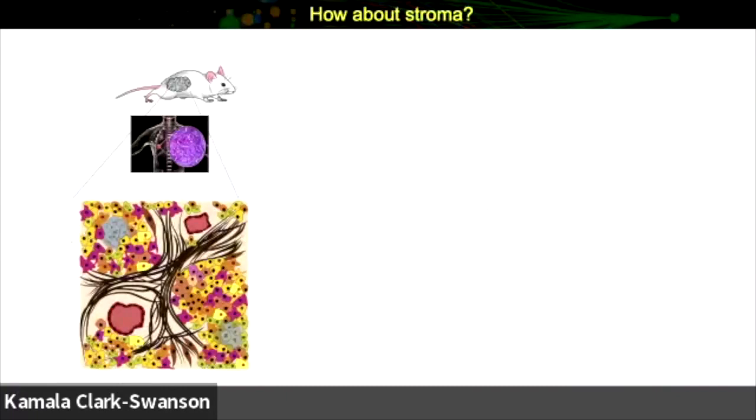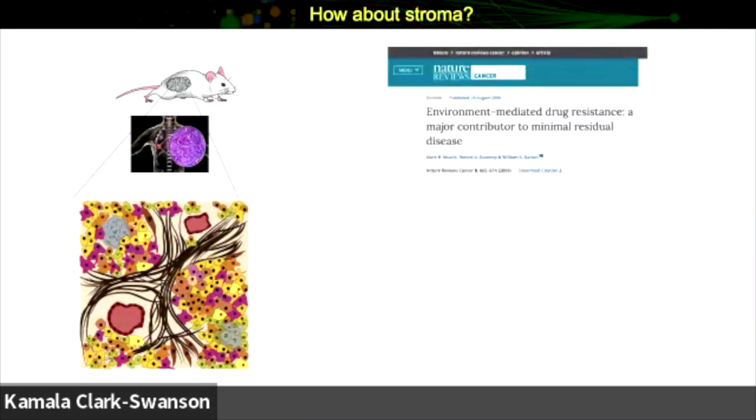But getting back to the issue of stroma, how that gets into play. In the previous data, we mostly had in vitro studies. We know that contexts in vivo are quite different. They have different replication and death dynamics. You have gradients of oxygen, nutrients, pH. And there's another very important point.